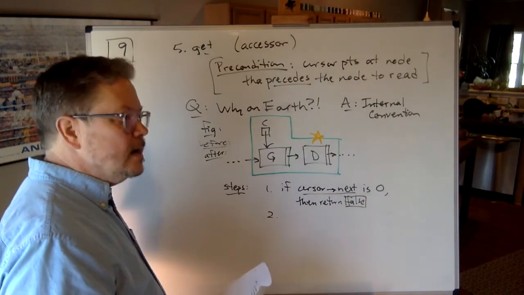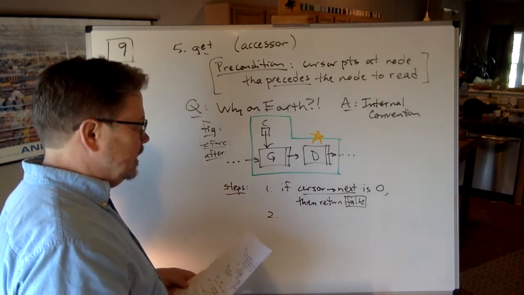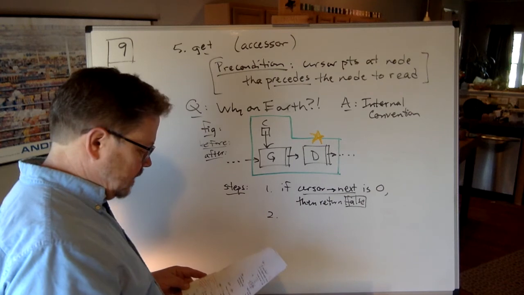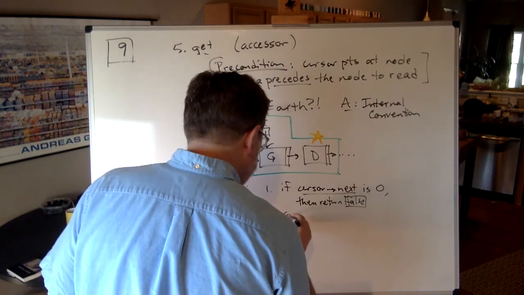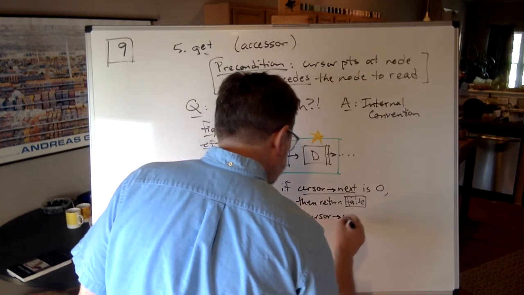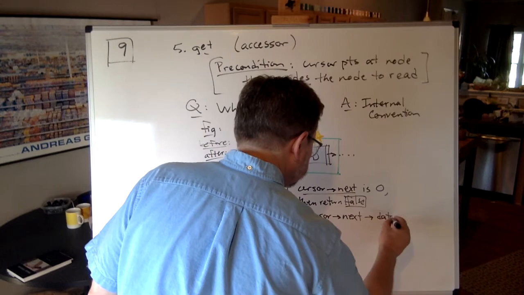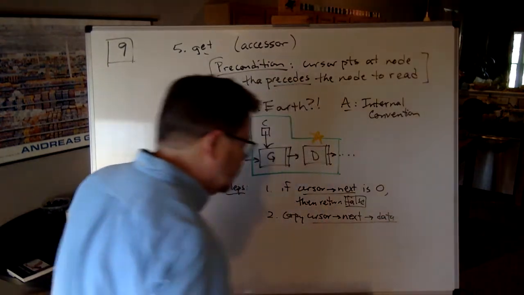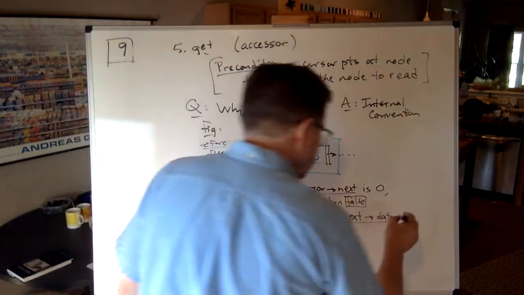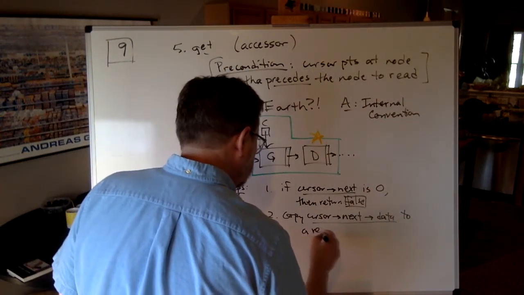If we're still here, we've got that implicit else, but we get to assume that cursor arrow next is not 0, and by our own conventions, that means it's got to be a legit value. So what we'll need to do here is copy cursor arrow next arrow data, the D in this picture, to a reference parameter.